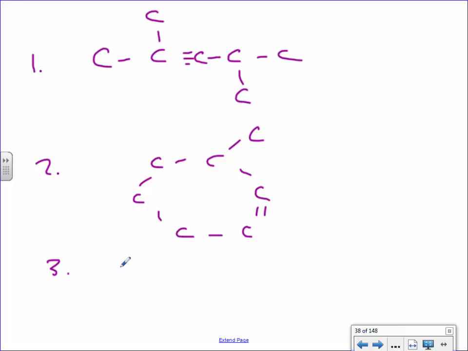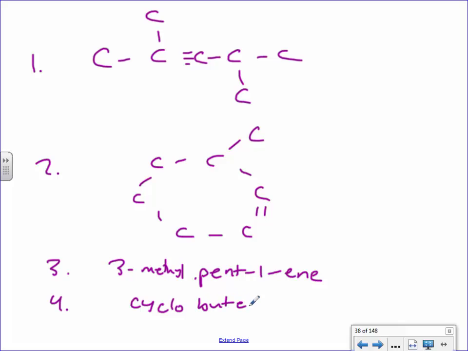And then let's do a 3-methyl pent 1-ene. Let's do cyclobutene. Okay, there we go.